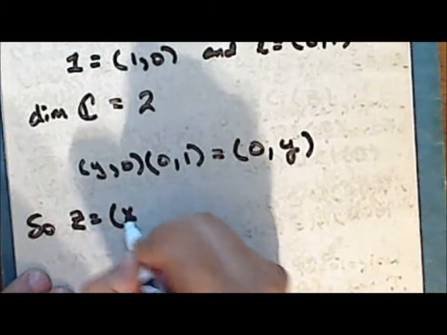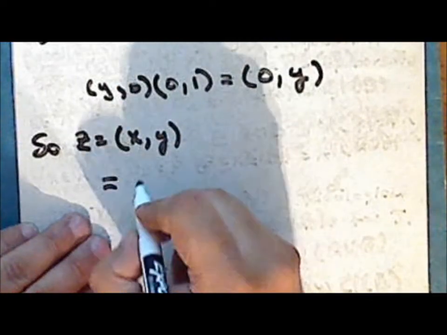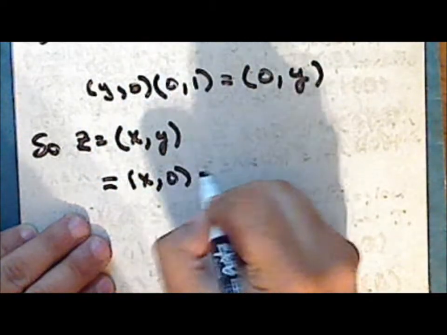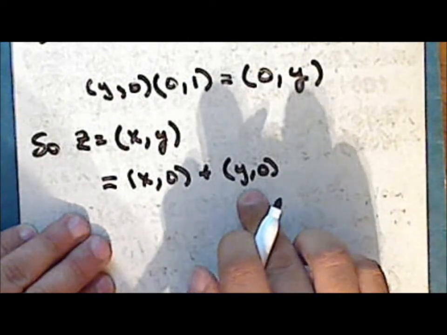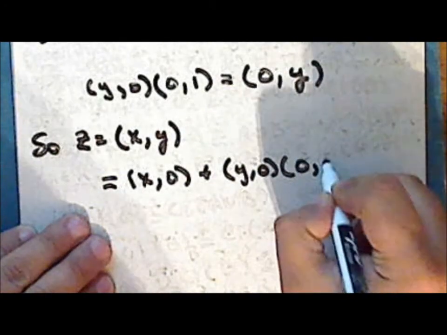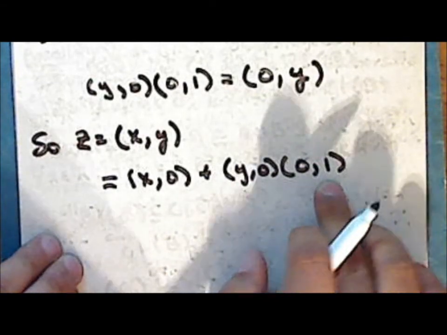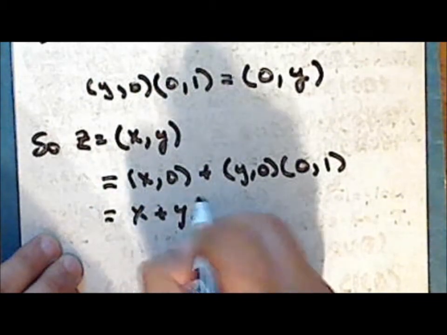And so every complex number z, which is an ordered pair x, y, can be expressed as the sum of the vector x, 0 plus the product of the vector y, 0, again a purely real number y in vector form, with the purely imaginary number i, which in vector form is 0, 1. So again, this is x plus y times i.